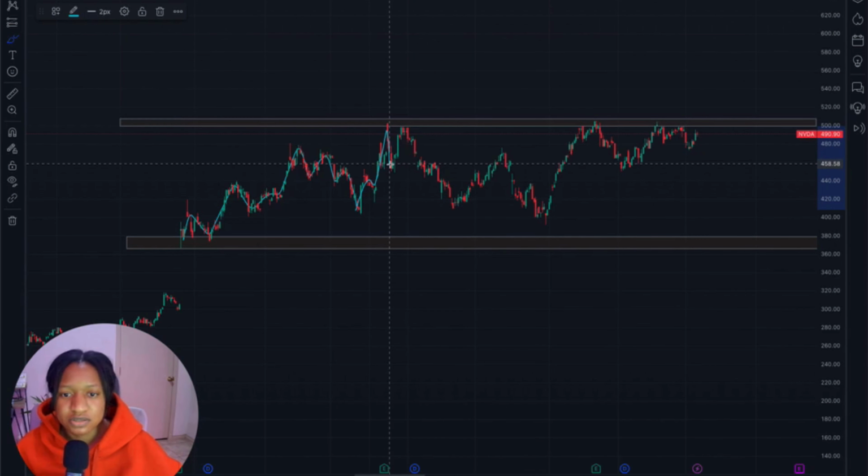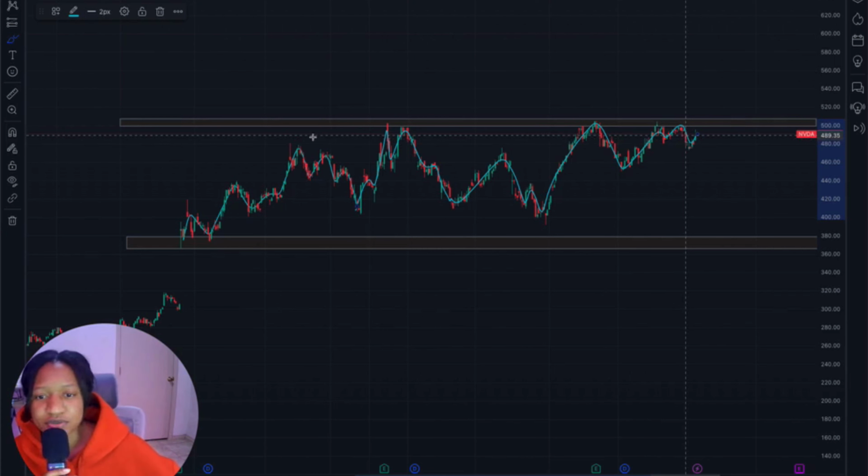Find some resistance, another point for resistance, down, up, down, up, down, all the way up, down, up, down. Okay. So these are the lines that I have so far.